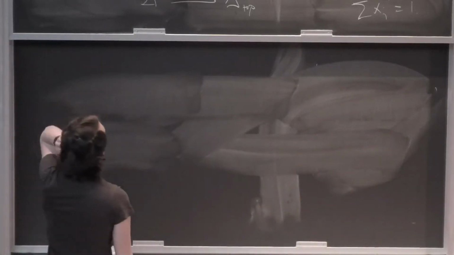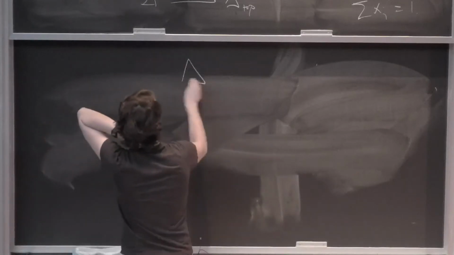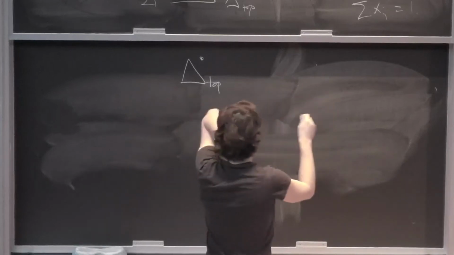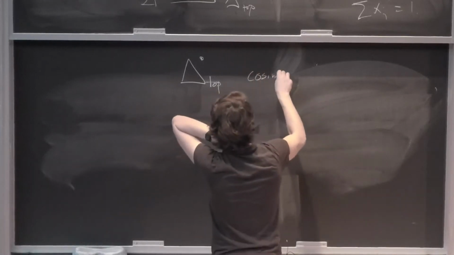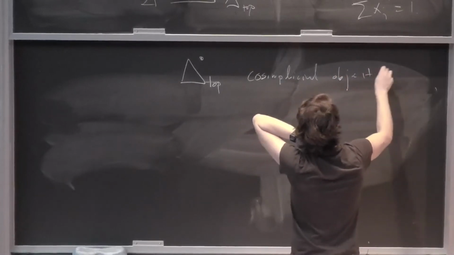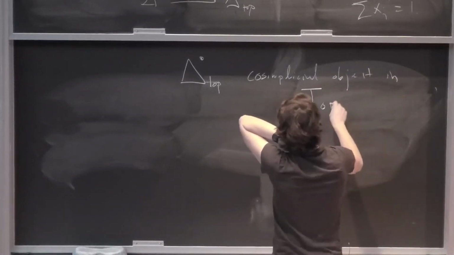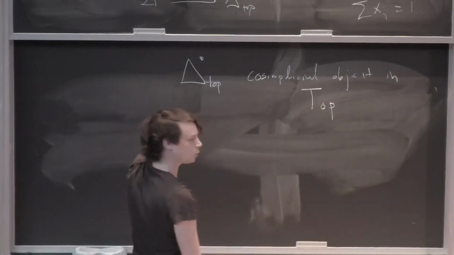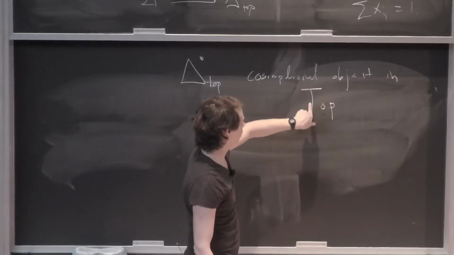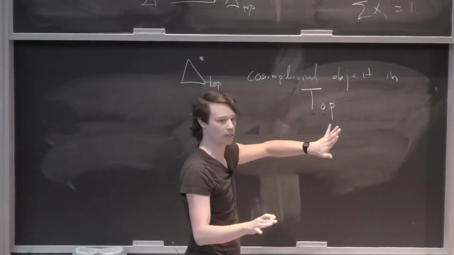So this singular complex construction, well, I look at delta top. By construction, this is a cosimplicial object in topological spaces. And what I'm going to do, just as a convention, is if I write Top in this font, I mean really the one category.